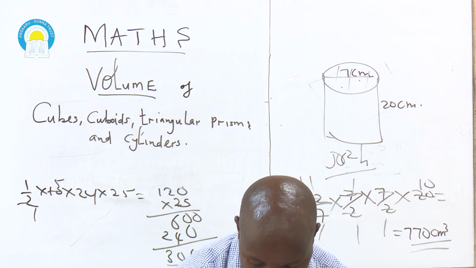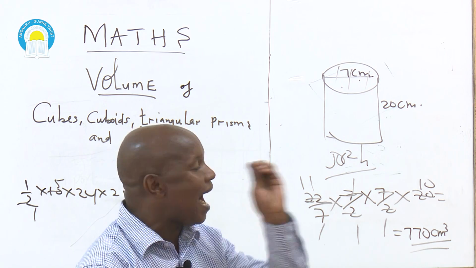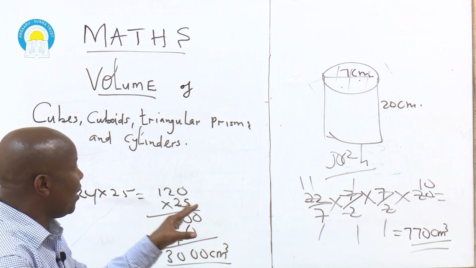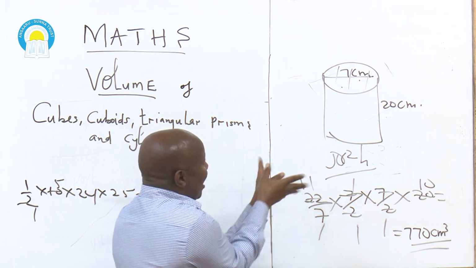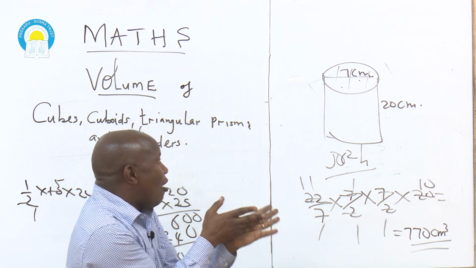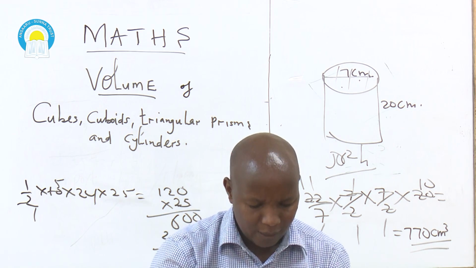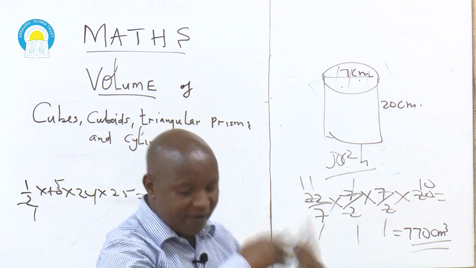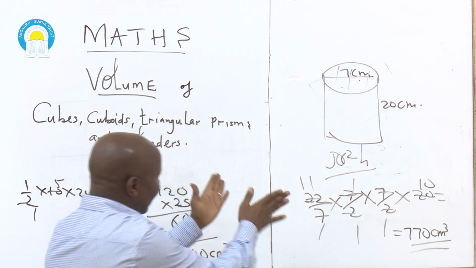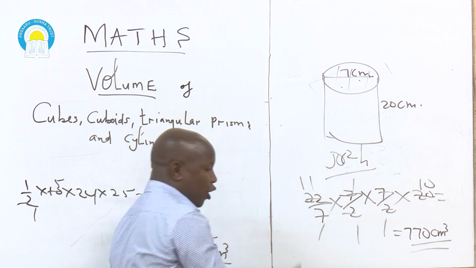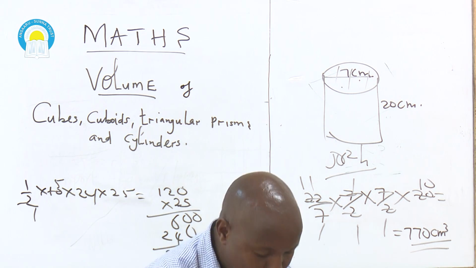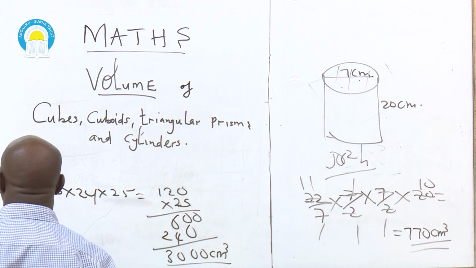Very fast, I want us now to go to volume of a cylindrical solid. This one is a cylinder, but in the exam they have a tendency of splitting the cylinder into two equal parts. When it's split into equal parts, everything changes. This is a cylinder, but now it's split into 2 equal parts. One side now, we call it a half cylinder.